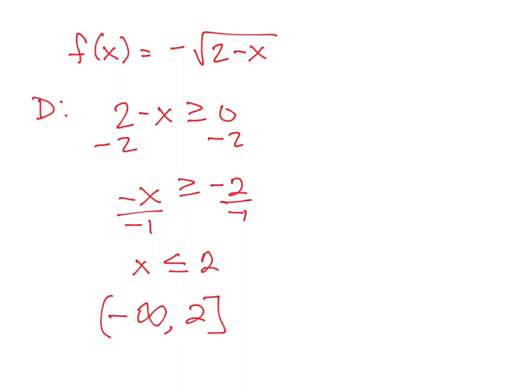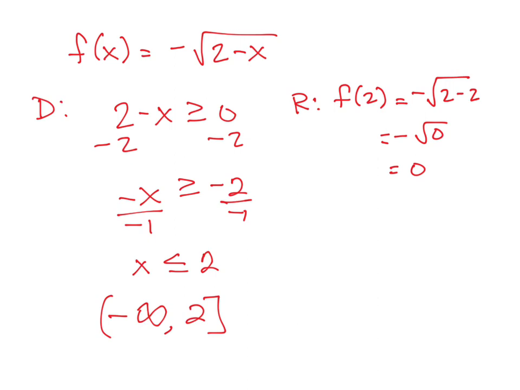And now my range is going to be determined by that input at 2. And I know that I'm going to go from the bottom up, right? So let's see, what is f of 2? That's going to be negative square root of 2 minus 2. Negative square root of 0, which is just 0. Okay, and I can only input values that are less than 2. So that 0 is going to be actually my maximum value.